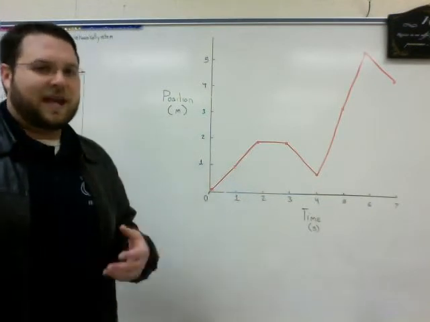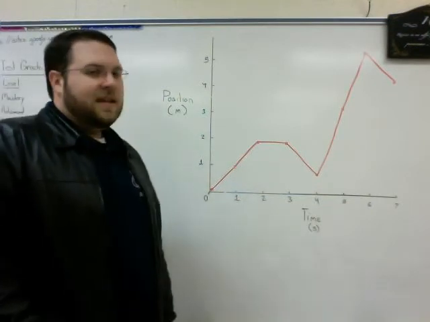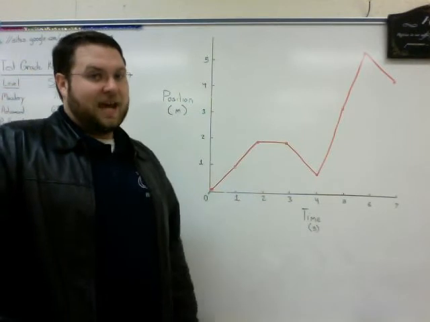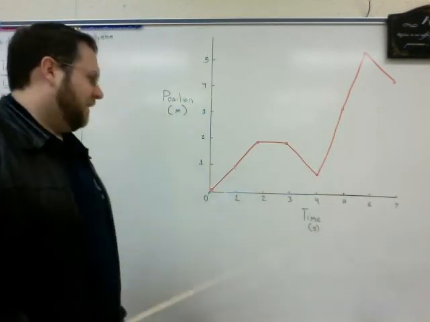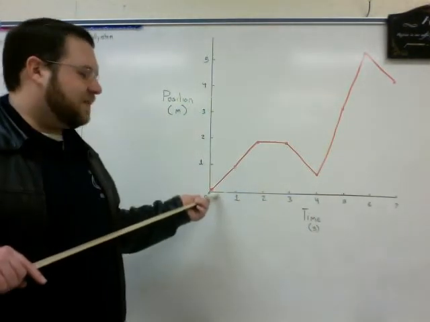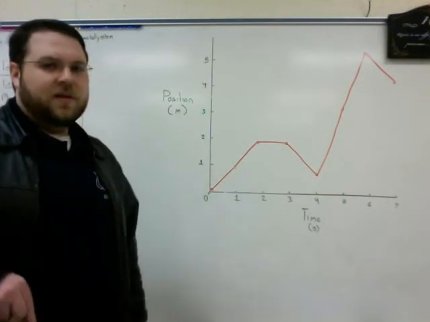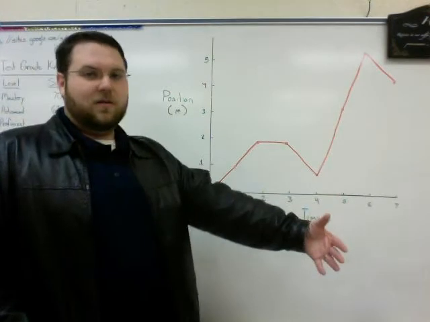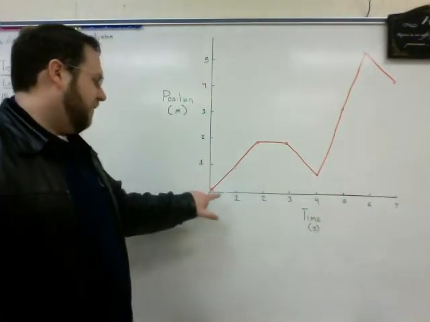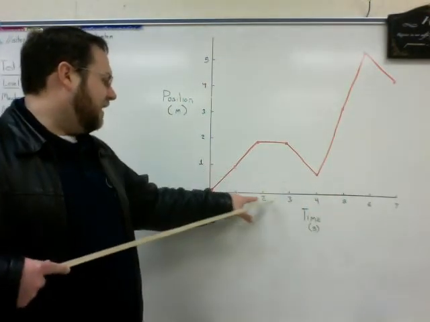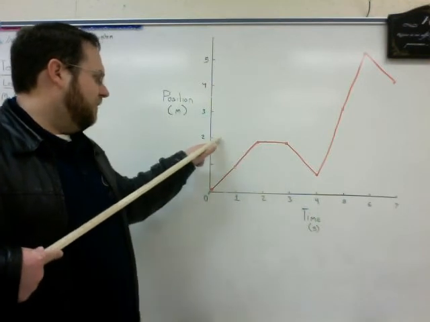Now even more than that, and we'll get into more detail with this later, I can actually describe what was happening to the object by looking at this. At 0 seconds, it was at 0 meters. 1 second later, it was at 1 meter. So I know this thing is moving away from our starting point. And then at 2 seconds, it moves to 2.